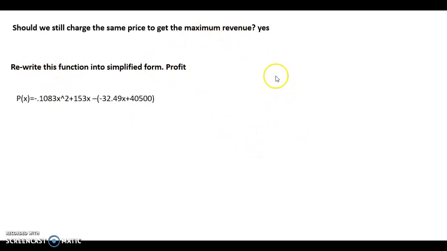Okay, so now we're gonna get into the profit, and our profit equation is revenue minus cost. And so this is our revenue equation minus the cost equation, but we have a parenthesis over here because the cost equation has a negative, so you have to make sure that you're subtracting the whole equation right here.